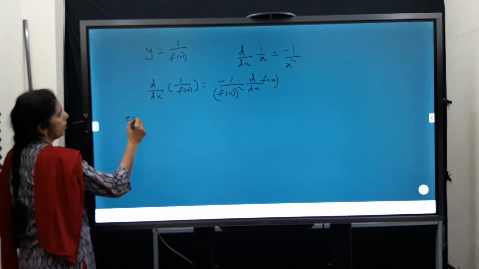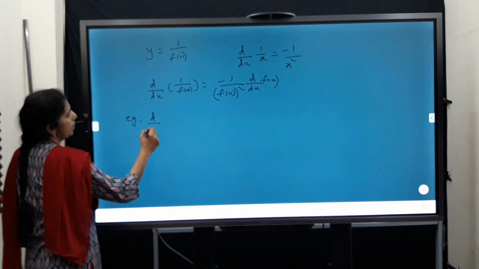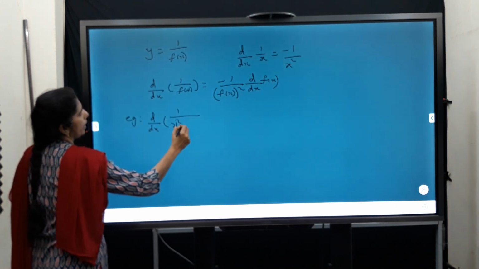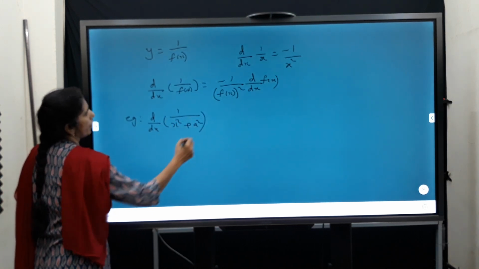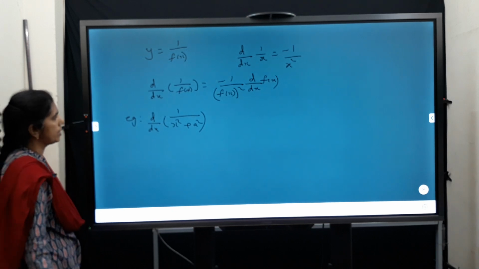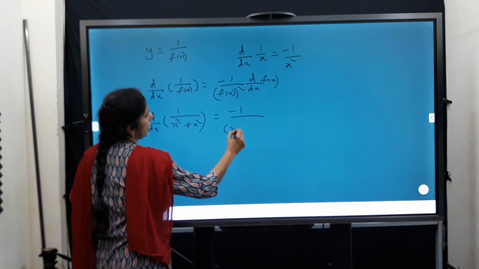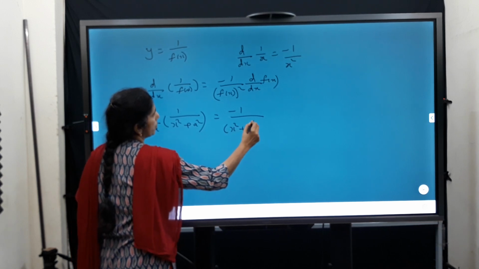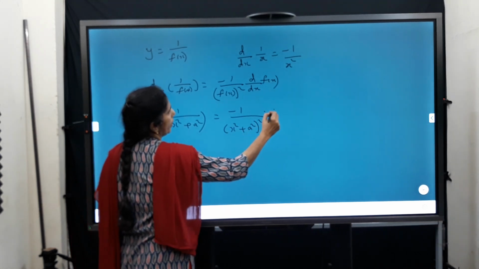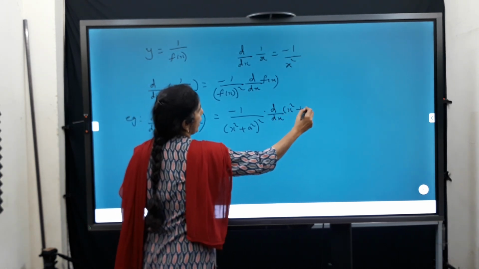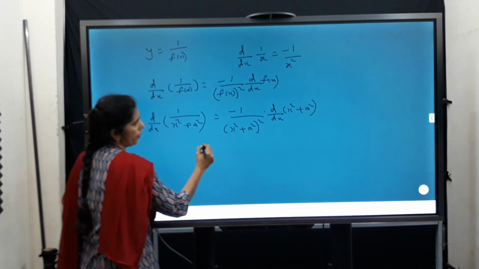Say for example, d by dx of 1 upon (x square plus a square). Suppose a is any constant, then it is minus 1 upon (x square plus a square) the whole square into d by dx of (x square plus a square).